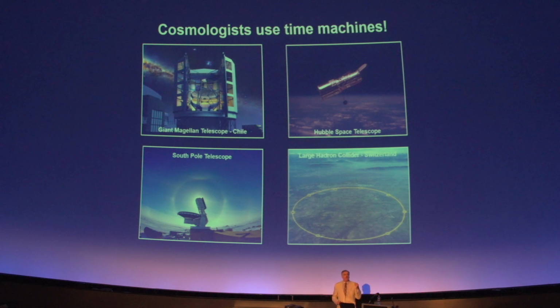The telescopes are time machines because as we look out in space, we look back in time, because it takes light time to reach us from the objects we observe. The farther away you look, the further back in time you can see. So that's why the people in the back of the room seem a little bit younger to me than the people right here in the front row.